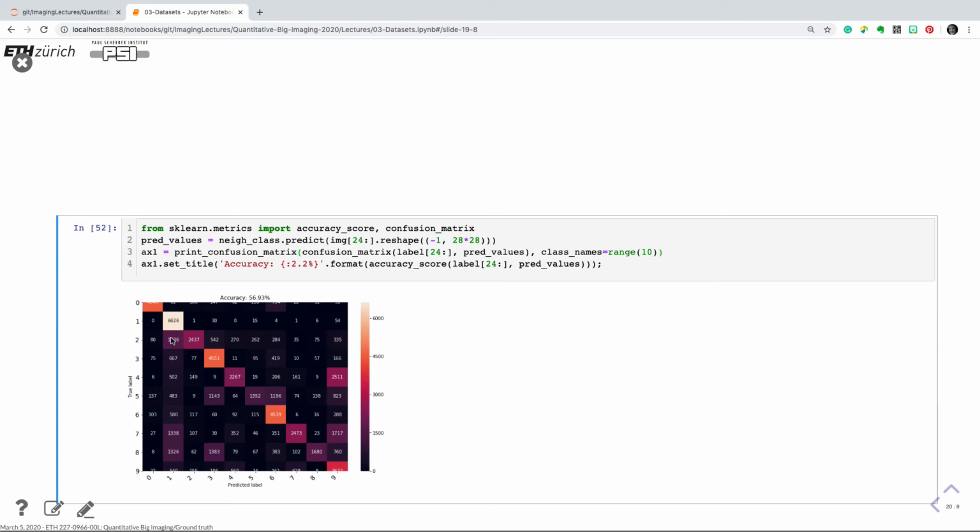So 1 can apparently be confused with 2's. Here you have 4 to 9. Makes sense. If you make a sloppy 4 or sloppy 9, it could be interpreted as a 4. And so on. So here you can see which are the, say, weak combinations.